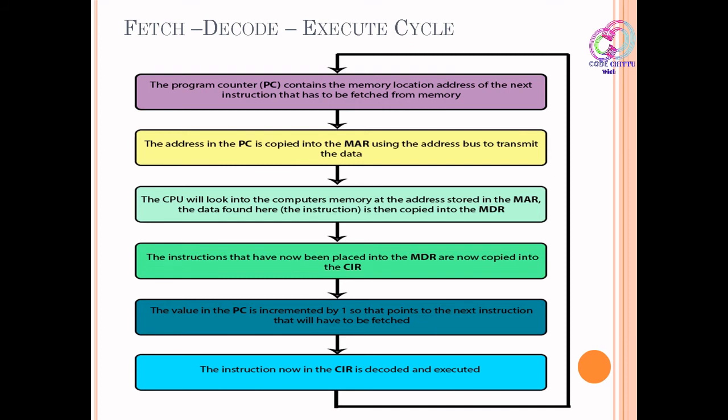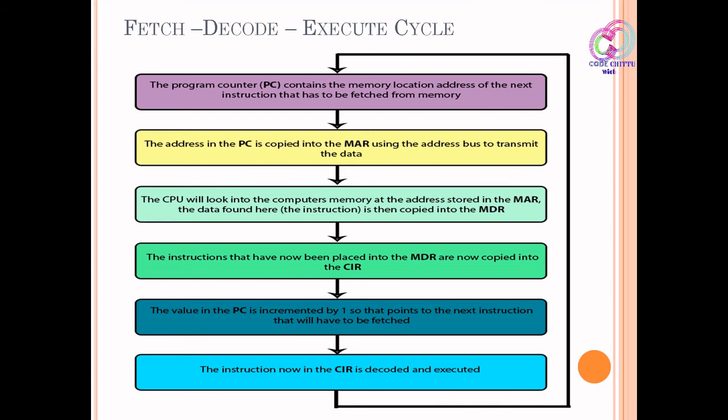The fetch-execute cycle starts from the program counter. First the PC holds the address, the memory location, of the next instruction to be fetched from the main memory. In the main memory, that is RAM, some instructions are there. The address of the first instruction is loaded to the program counter, and from the program counter the address is copied to the MAR, which is present in the memory unit.